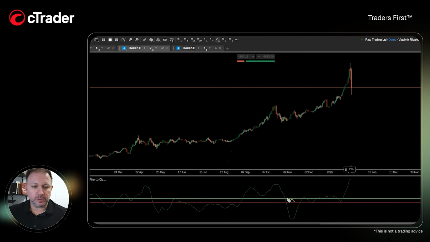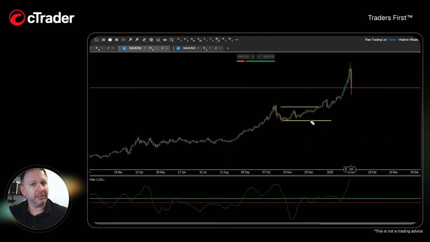When it drops below 0.5, we are entering weakening market conditions, which means we could enter a selling phase or ranging market conditions before the market decides when it's time for the next trend.